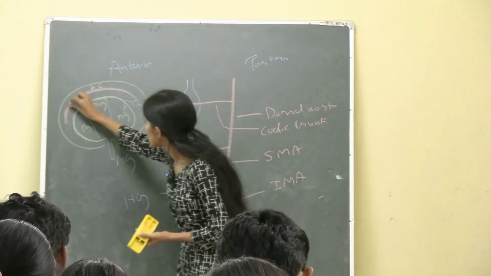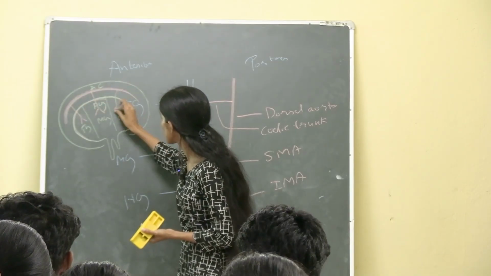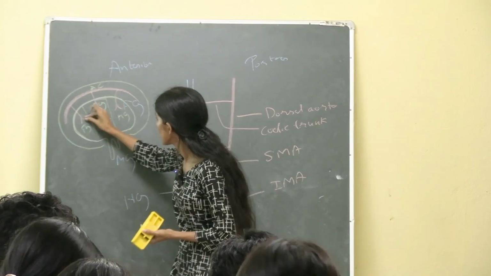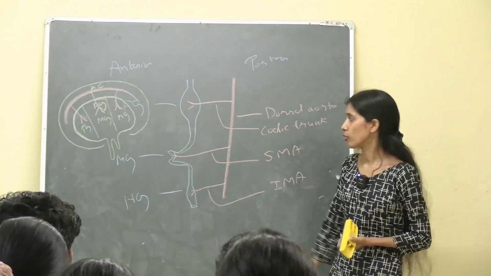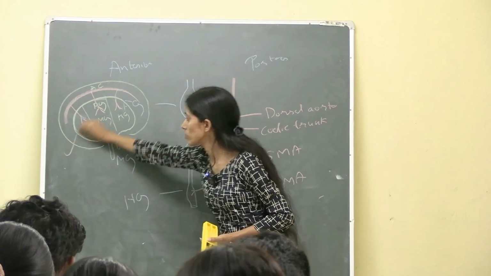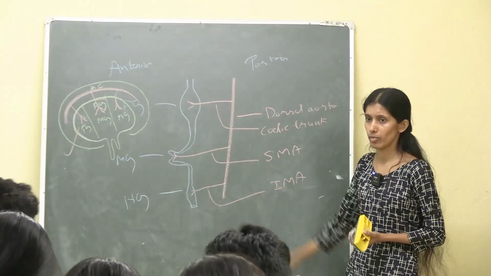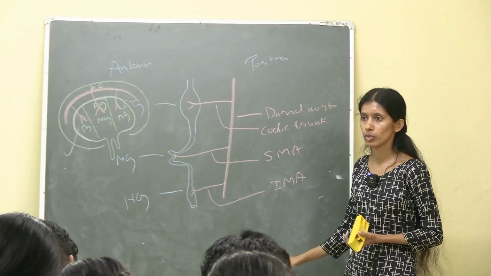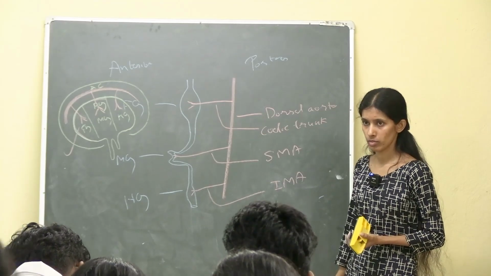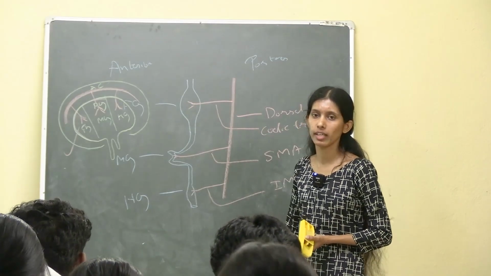This is the celiac trunk, this is the superior mesenteric artery and this is the inferior mesenteric artery. In the folding embryo, the structures will look like this. This is the straight structure of the same one. Is it clear? Any doubts in this? No doubts? Sure. This is about the blood supply to your gut region.